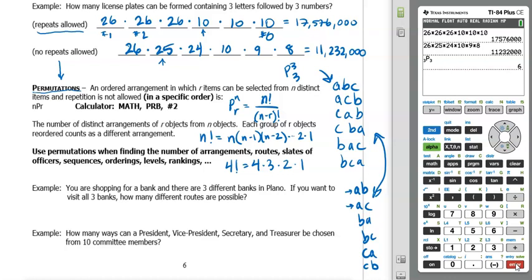But here, why don't we try a couple of these examples. We've got this: when you're shopping for a bank, and there are 3 different banks in Plano. If you want to visit all 3 banks, how many different routes are possible? So I think the idea here is that there are 3 banks like A, B, and C, and we're going to visit them, so you could choose basically which order you want to go to. Do you want to go first to A, and then to B, and then to C?